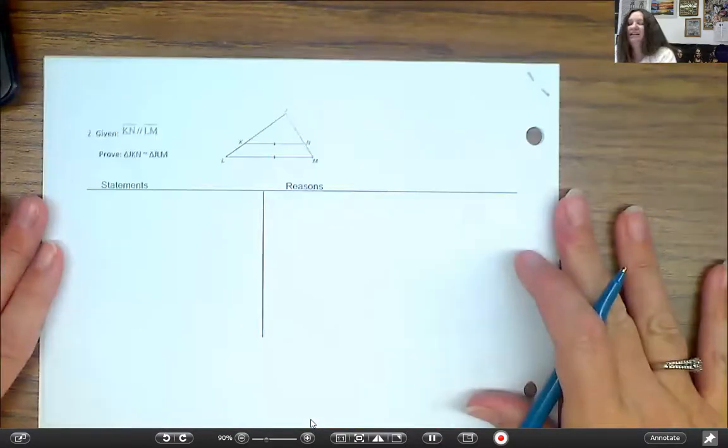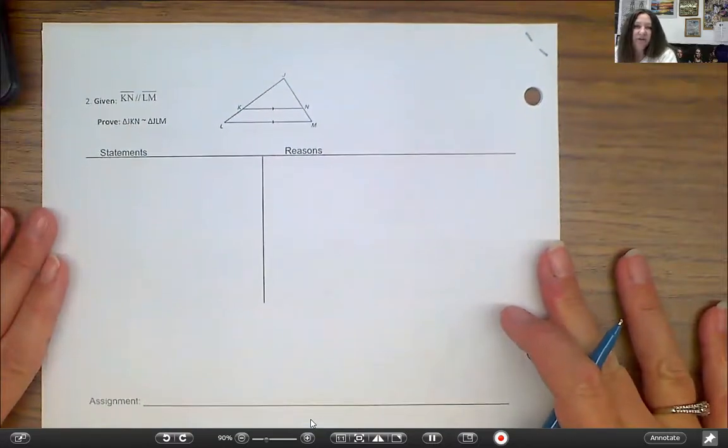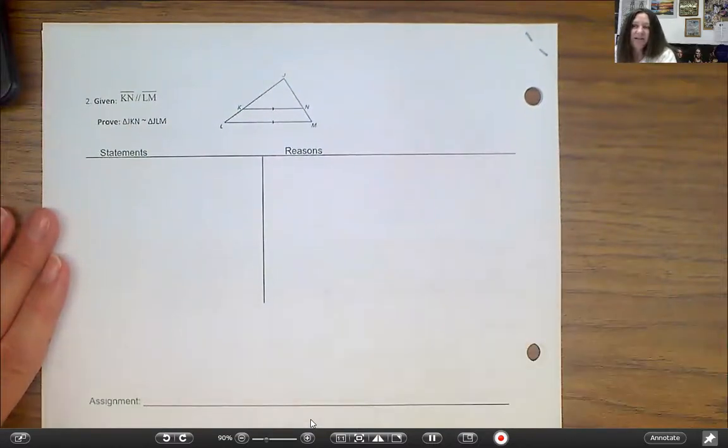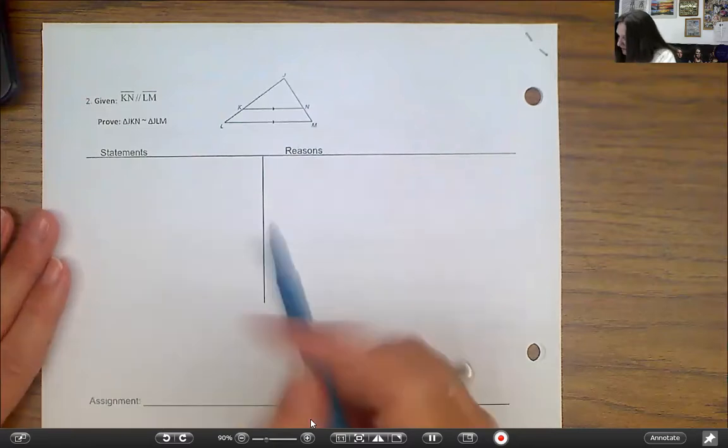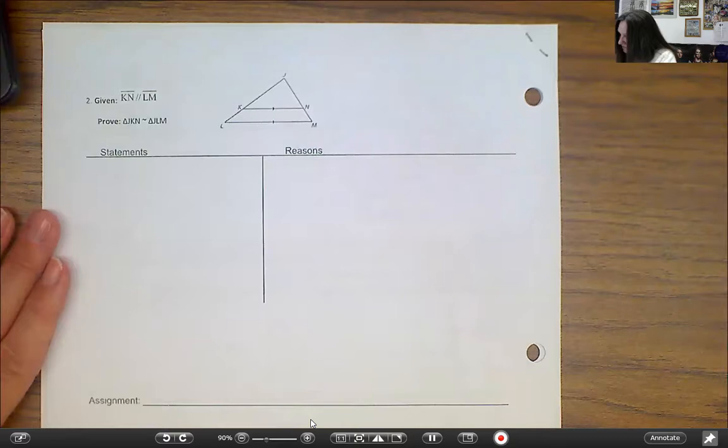So let's try that again with a second proof. Again, the goal is to start by marking the diagram with what we know to be true. So we have that side KN is parallel with LM.